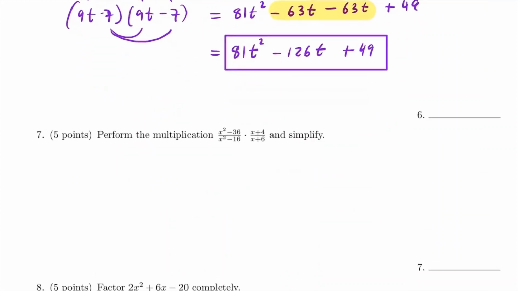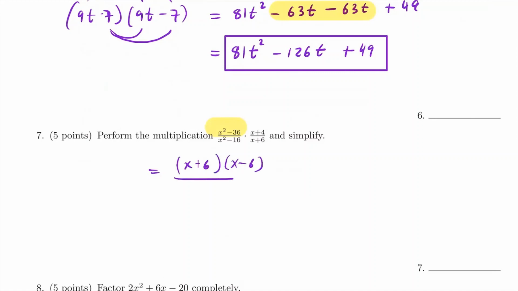We're going to simplify this by factoring. So we're going to factor everything. So x squared minus 36, that will factor into x plus 6 and x minus 6. And the denominator, x squared minus 16, that would factor into x plus 4, x minus 4.